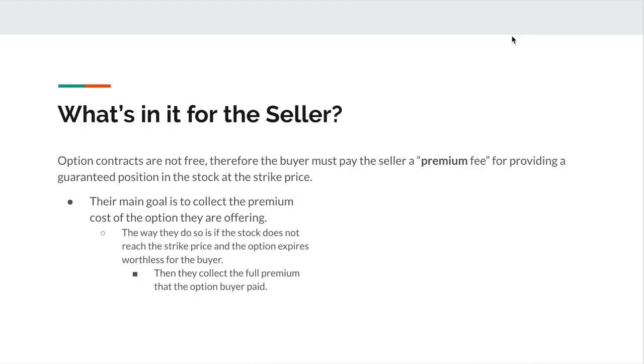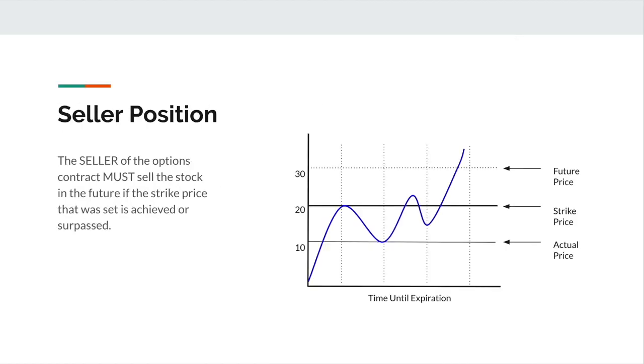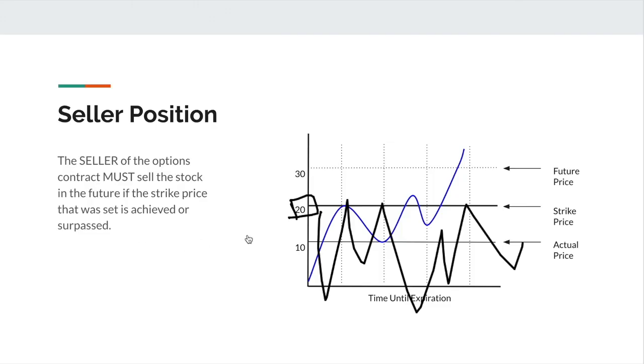And the way they collect the full premium is if the option stays below the strike price. So if they give you the option to buy the stock at $20 and the stock never reaches $20, and you paid them $50 for this contract, that means they will collect your full $50 and they will walk away with that profit.